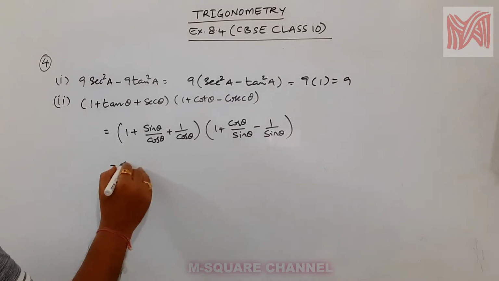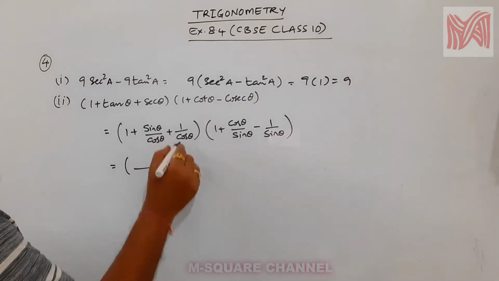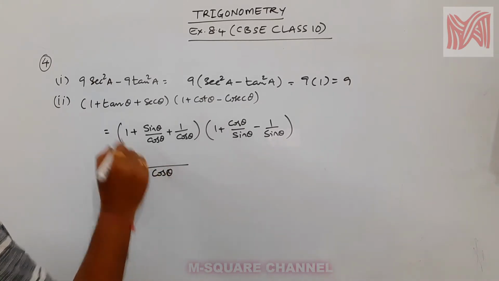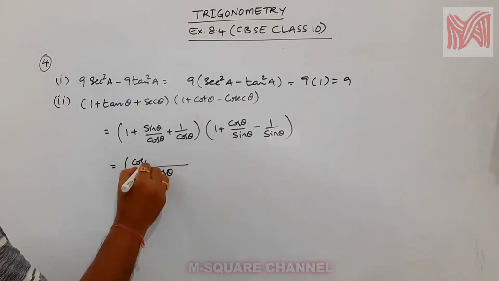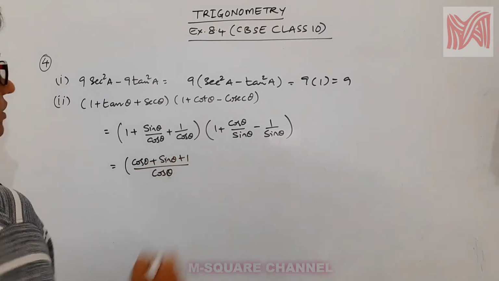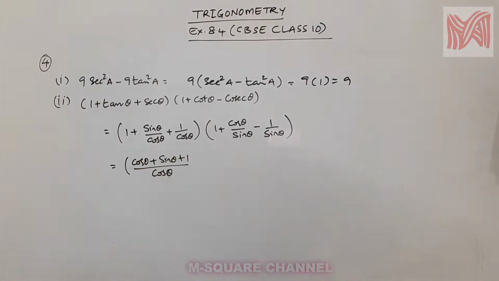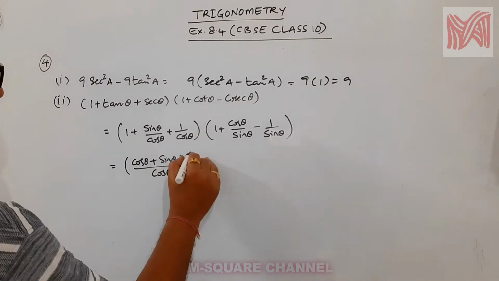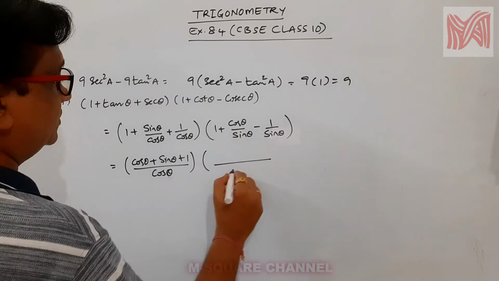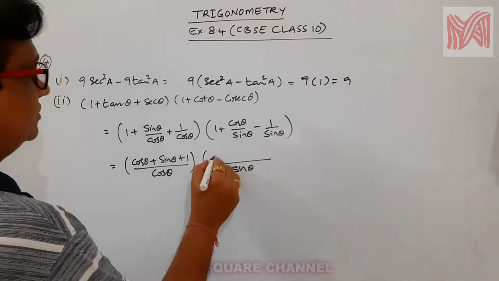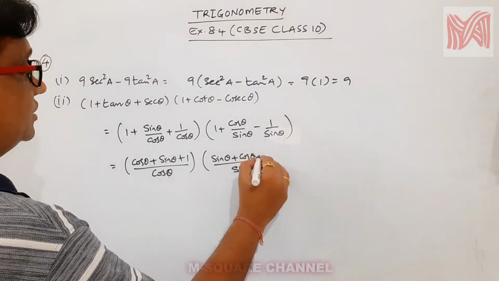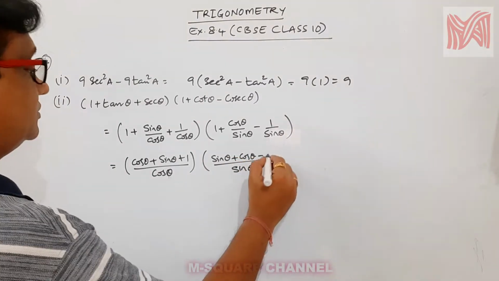Now please see, cos theta is the LCM. Here cos theta plus sin theta plus 1 into sin theta plus cos theta minus 1.